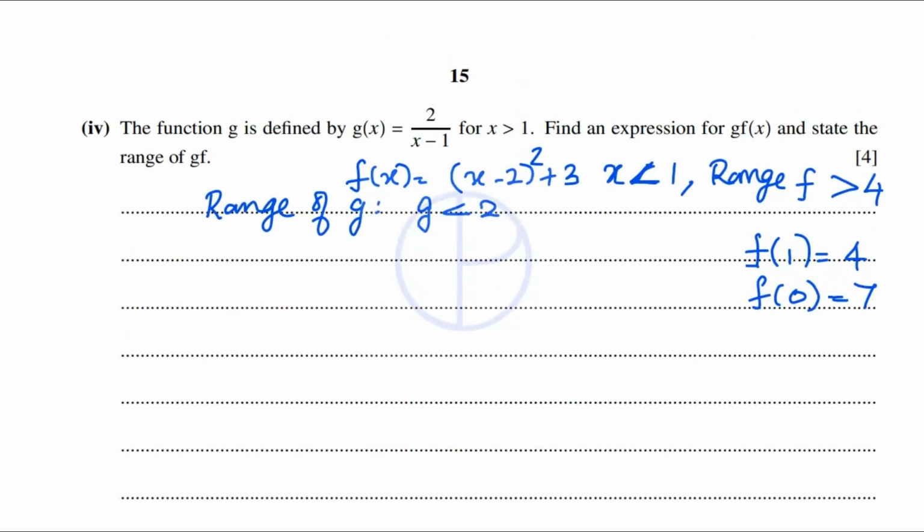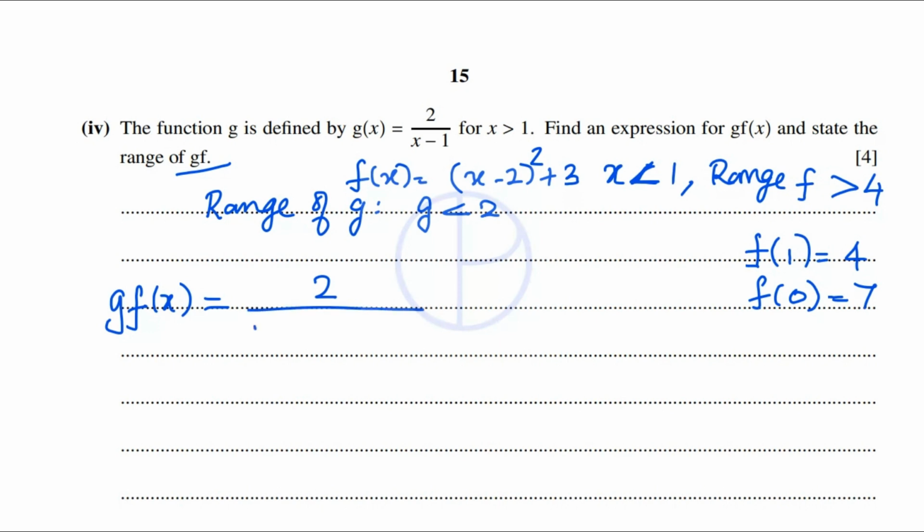Now let's find out gf of x. Let's find this composite function. Substitute f of x in g. So g is 2 over x minus 1.